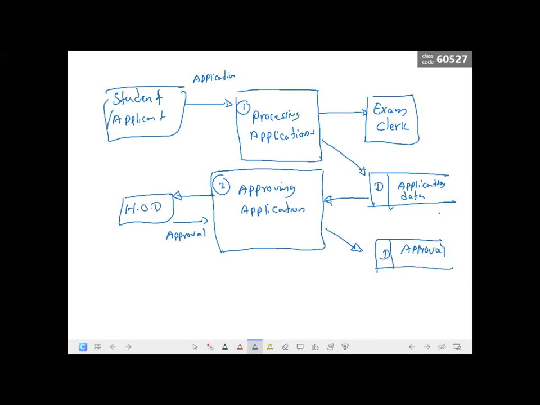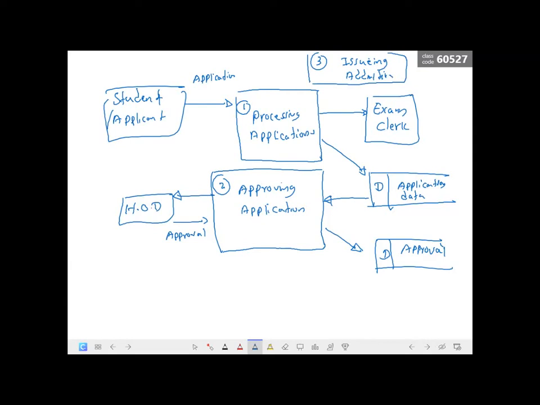Right. ඊට පස්සේ තව process එකක් තියෙනවා. මොකක්ද? Issuing admission. Right. Issuing admission, another process. Issuing admission is done by whom? Right.